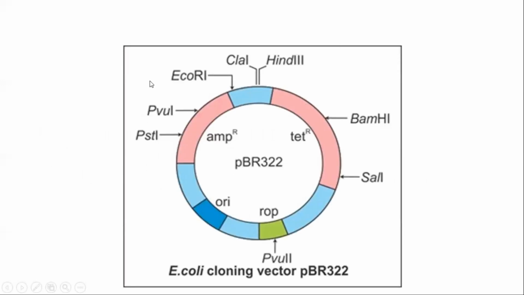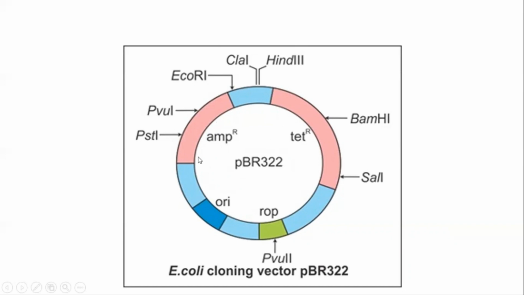It's an example of a vector, pBR322. This vector consists of two sets of genes: your tetracycline resistance genes and ampicillin resistance genes. So if someone asks you what the selectable markers of pBR322 are, it is going to be the tetracycline resistance genes and ampicillin resistance genes.